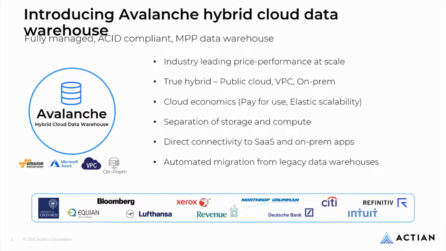We call it Data Connect. It's part of Avalanche now on the cloud. We also offer migration tools to help you move from your legacy data warehouse without any issues. We have a full presentation on the migration capabilities we have to bring you on board without any problems.